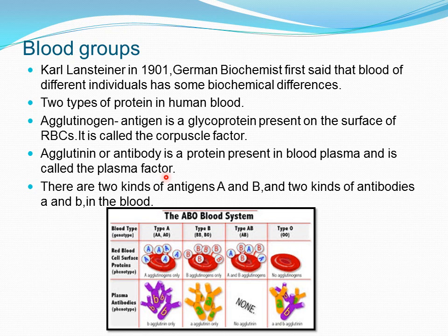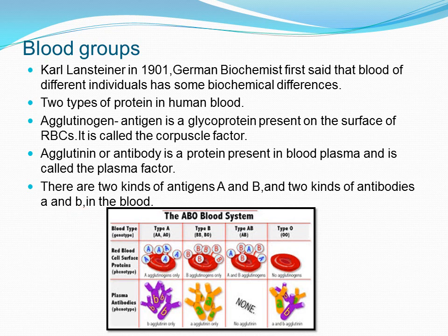So just remember, dear students: the agglutinogen is called the corpuscle factor, whereas the agglutinin is called the plasma factor. Now there are two kinds of antigen, A and B, and two kinds of antibodies, A and B, in blood. The first two are present on the RBC, and the last two, the antibodies, are present in the blood plasma.